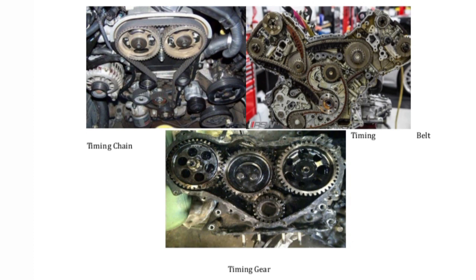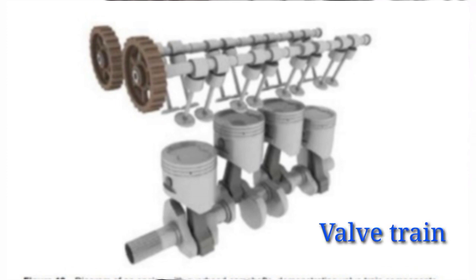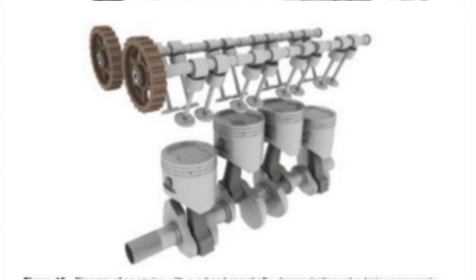Timing chain, timing belt, and the timing gear. Valve train. The valve train includes all the parts that are used to open and close valves. This may include parts like valve springs, keepers, lifters, cam followers, shims, rockers, and push rods.